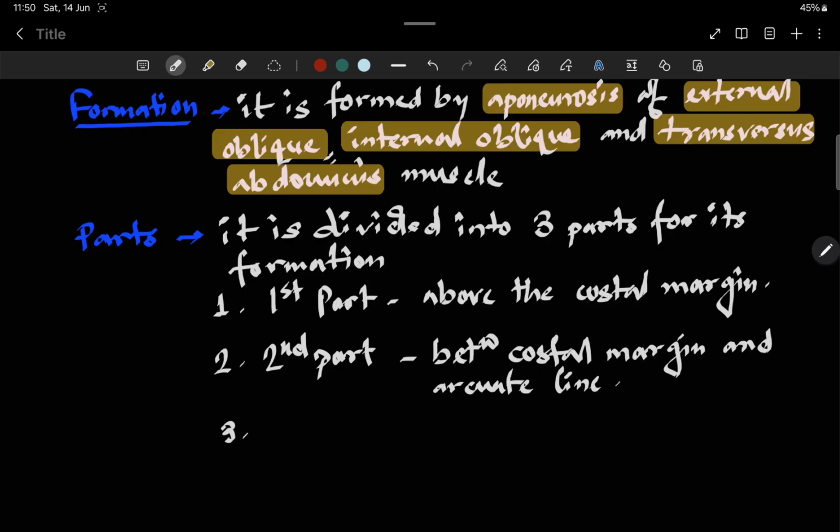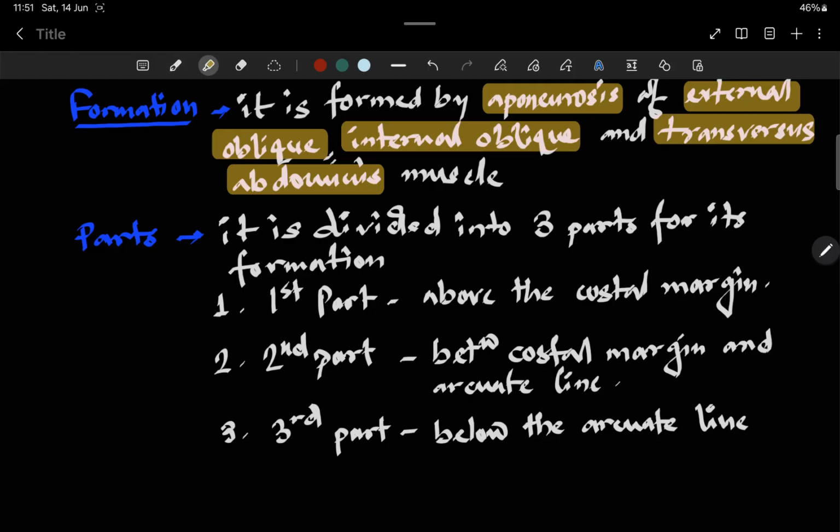Number three, third part, is below the arcuate line.